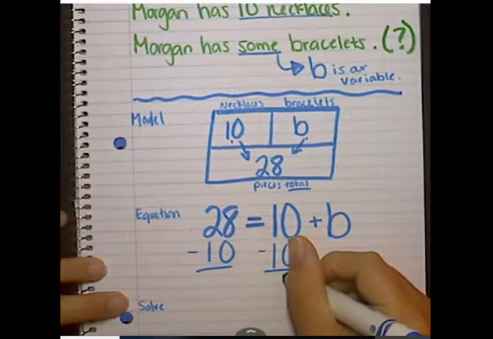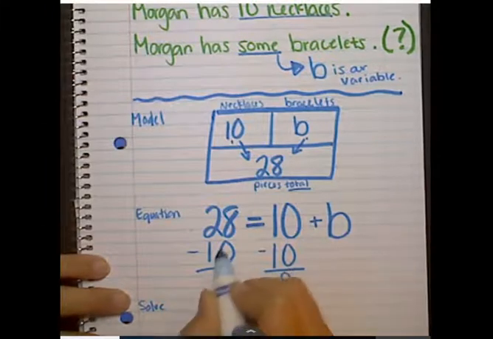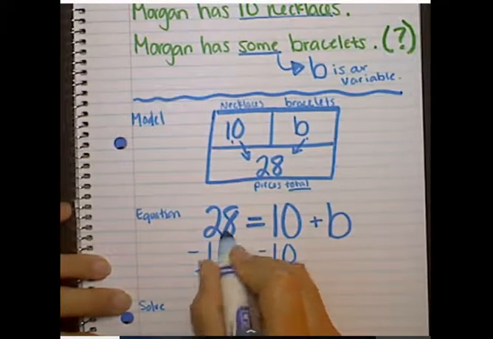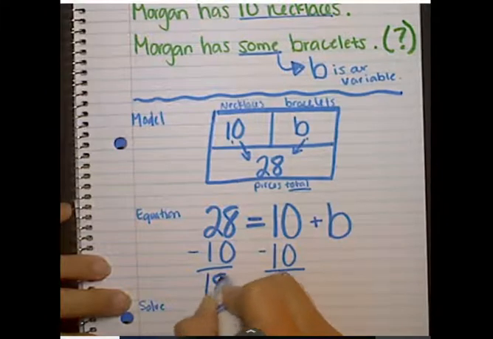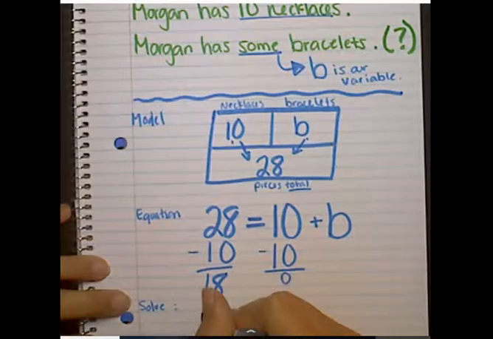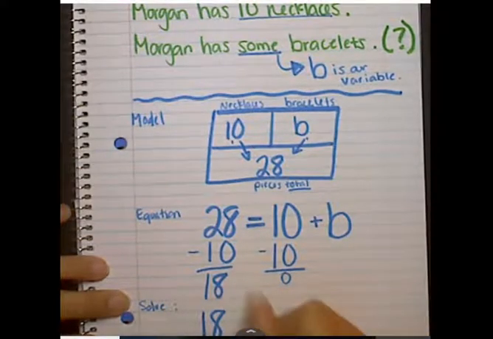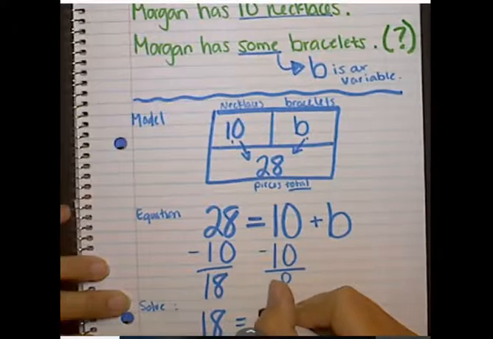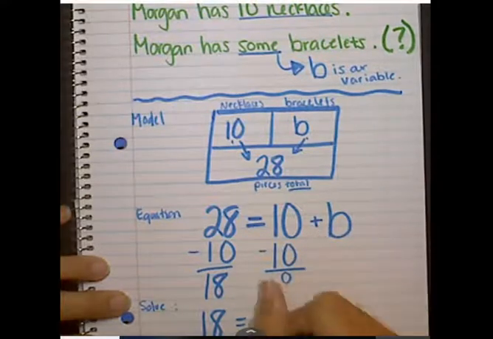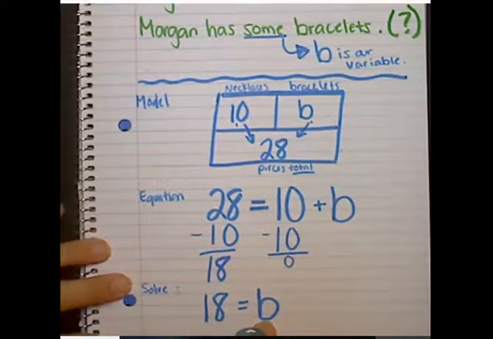That leaves me with nothing over here on my right side. And I'm going to take away 10 from 28, and that leaves me with 18. So now that I solved, I know that I have 18 on one side, on my left side, and I'm left with only B on the opposite side, on my right side.